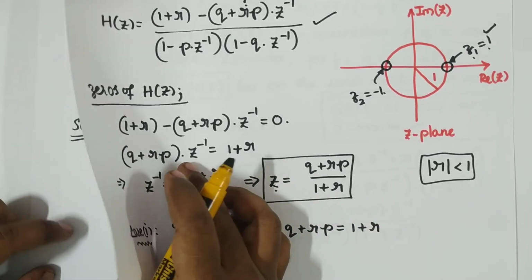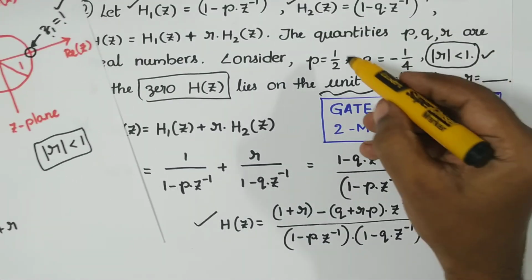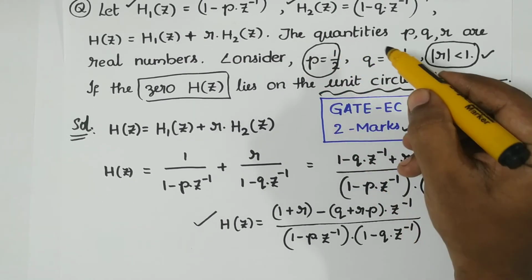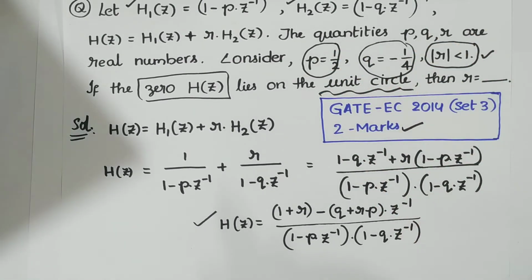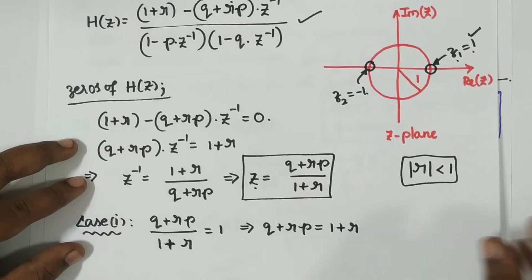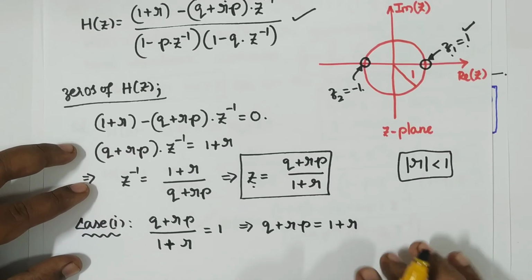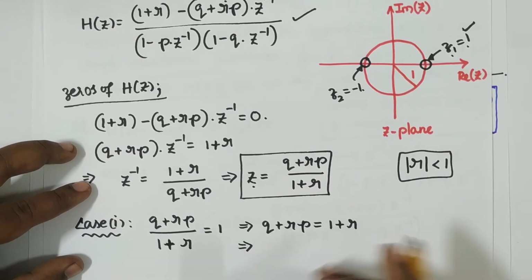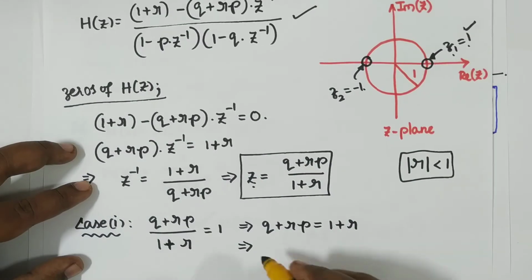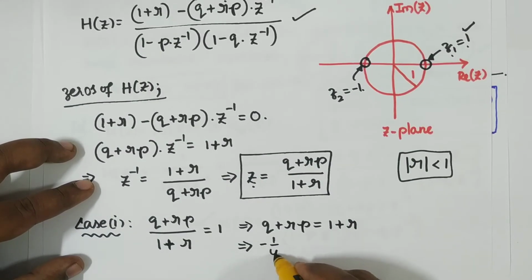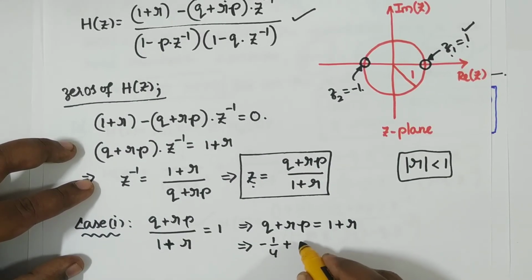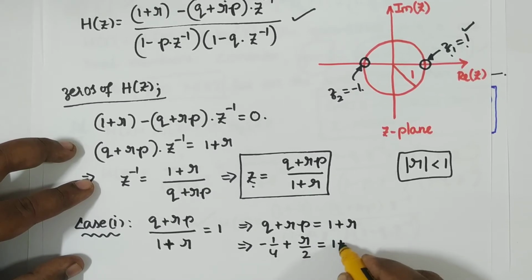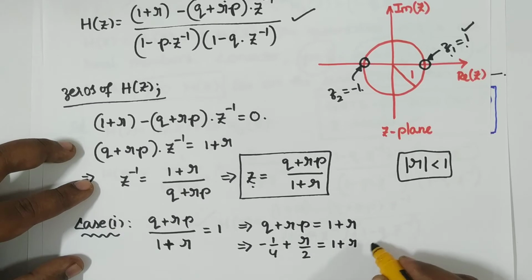All right, now what is given to us? Given to us p is equal to half and q is equal to -1 by 4. So you plug in q, p values. So q is -1 by 4 plus r, p is half, so therefore it is r by 2. So this is plus 1 plus r.